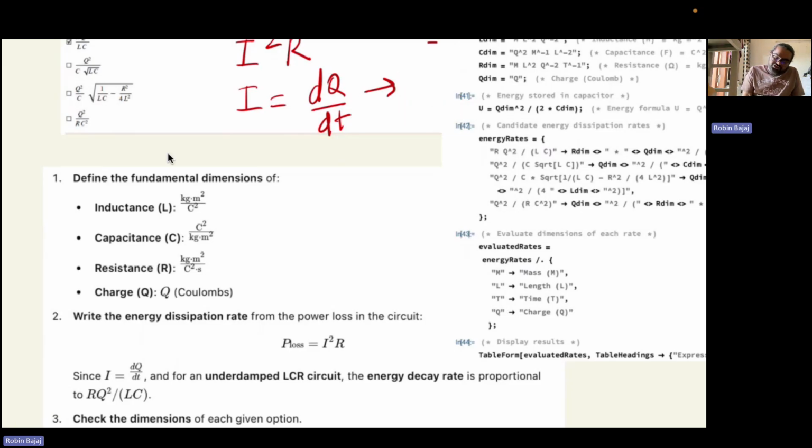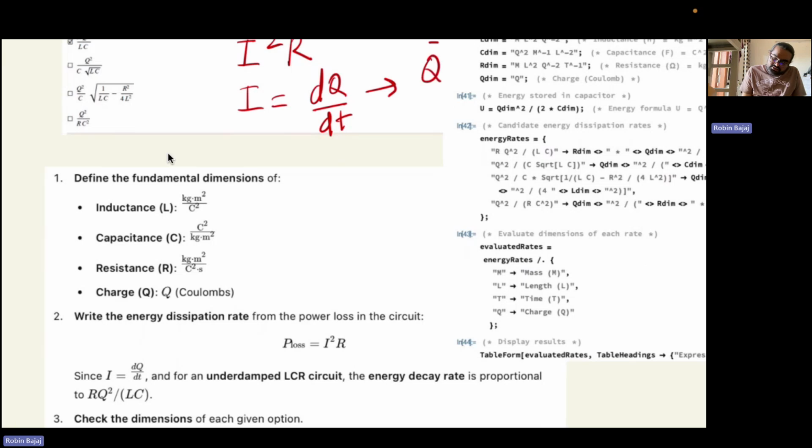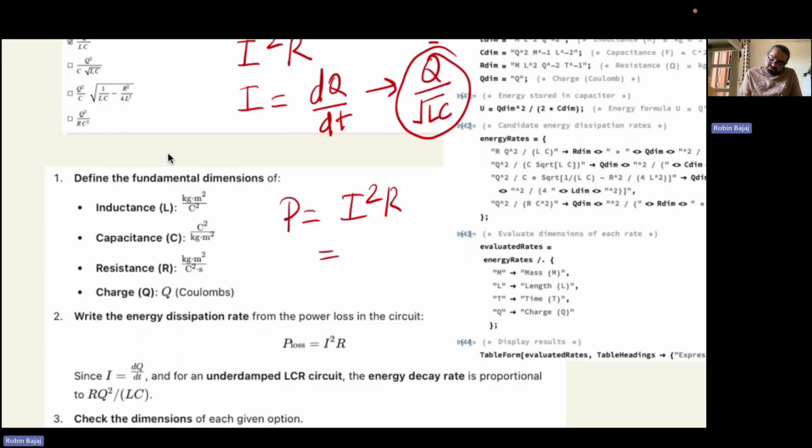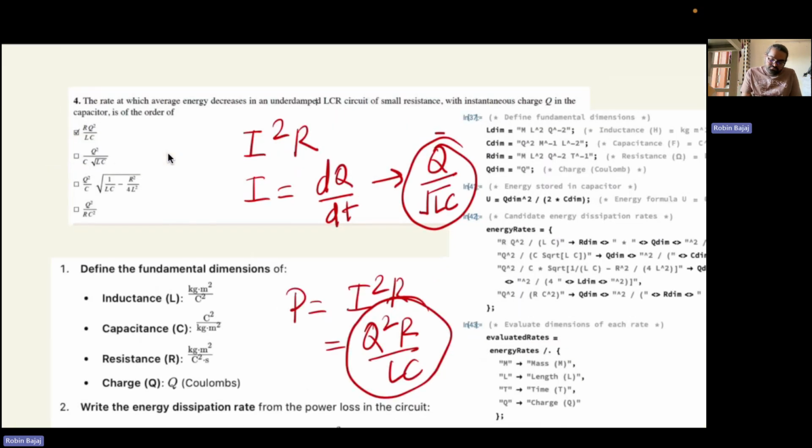If you see the dimensions of the system, it has to be Q by root LC because it's omega. So Q into omega it has to be, right? So Q by square root LC. So your power is I square R, which has to be Q square R by LC. So that's the rate at which the energy should decay.